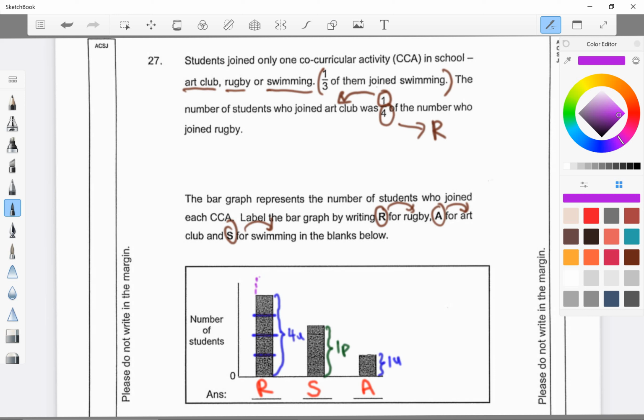So let me just include a dotted line to show everyone what's going to happen if we have 5 units. And if we have 5 units, very high chance we will arrive at our 2 parts.